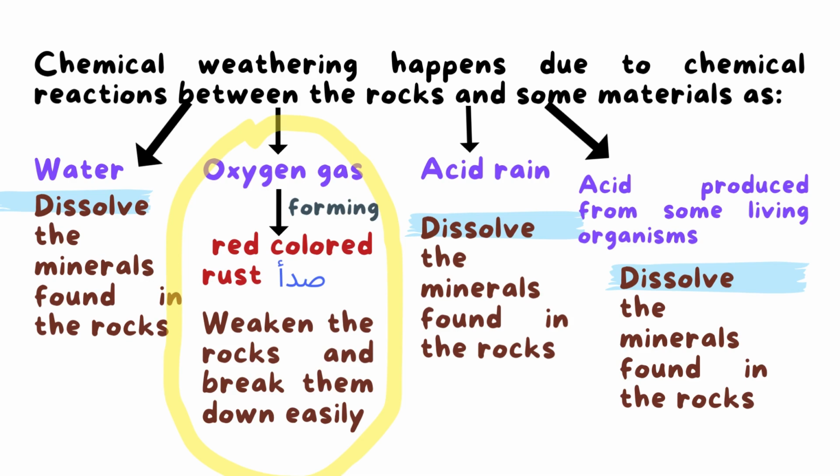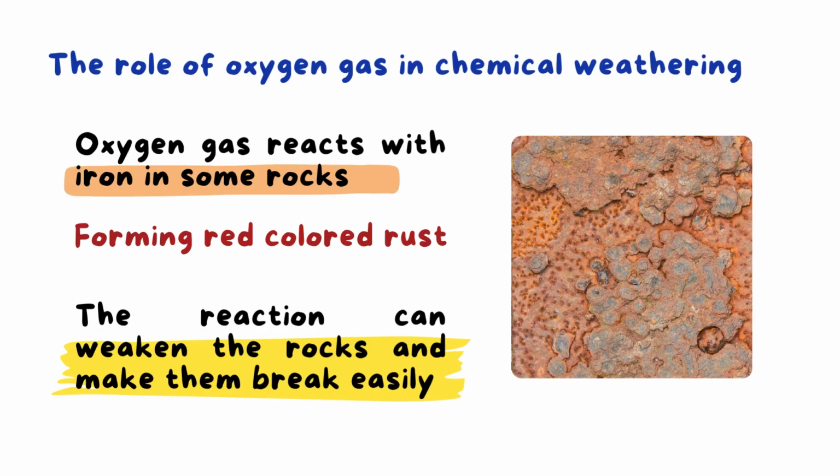Now we will discuss each one in some detail. First, we will start with the reaction with oxygen gas, so we will see the role of oxygen gas in chemical weathering, as oxygen gas reacts with the iron in some rocks, okay?